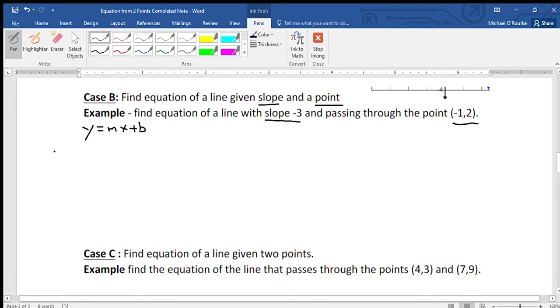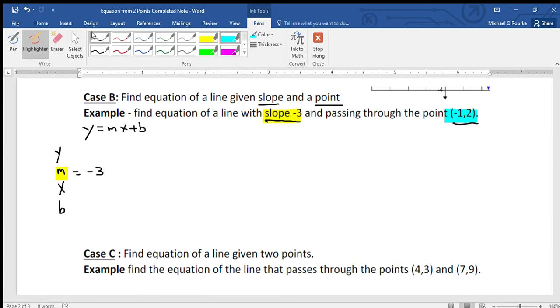So what I like to do is I write out what I know. These are all the things I need for an equation of a line. So it tells me our slope, right? It tells me slope right here. So that's my m value. So that's going to equal -3. It also gives you a point, right?